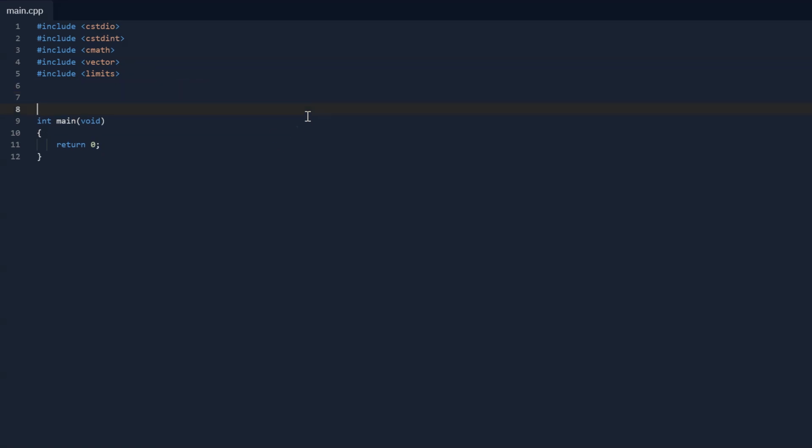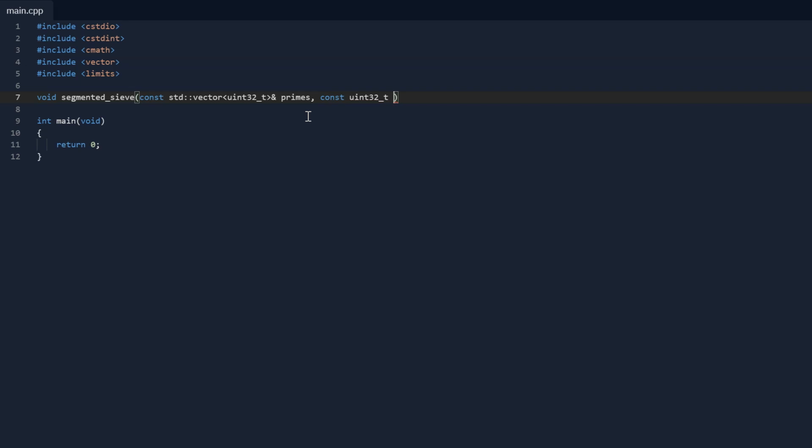All right, so let's employ what we just discussed in code. I've included a few headers. Let's start with our segmented sieve function, which takes in a vector of our primes.